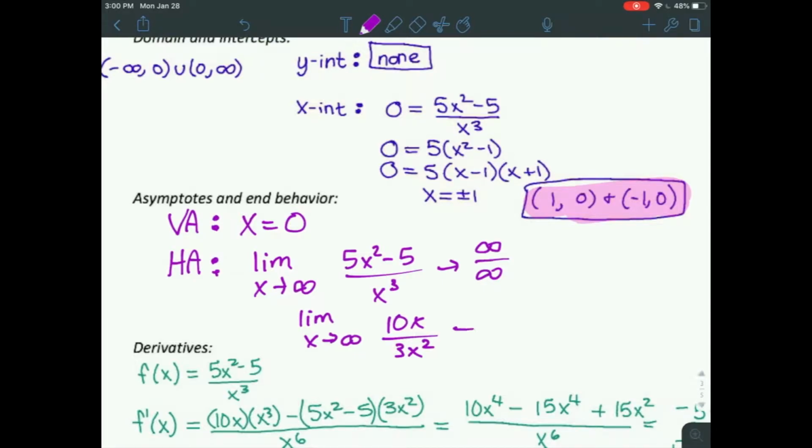Those will divide out. Just getting you 10 over 3x. Well, as x goes to infinity, that denominator is going to be really big. So we're going to have 0 for our limit and y equals 0 for our horizontal asymptote.